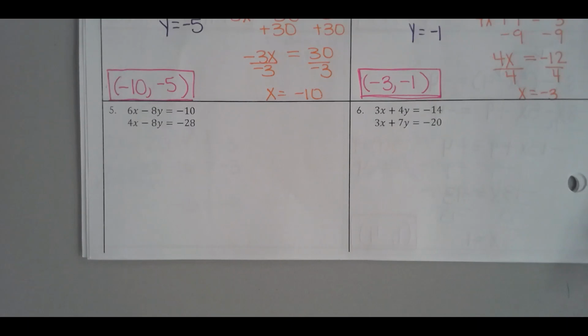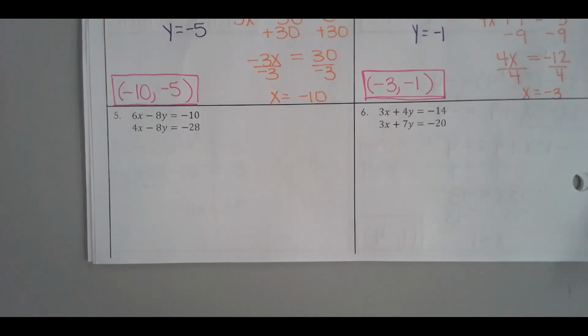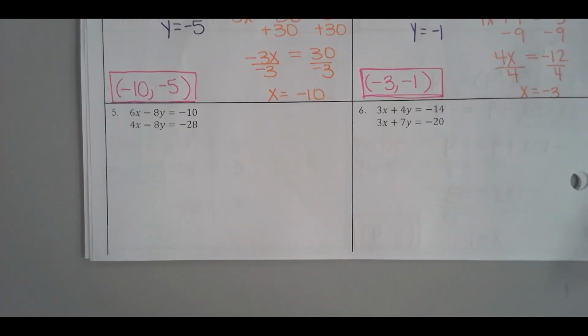Add -8 and -8. -16. One has to become a positive 8. -8 to make it positive. Besides, just erase the negative. That doesn't work. Divide the equation by -5.